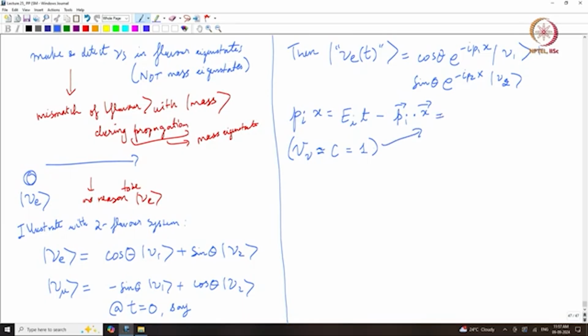If that is the case, then what do I have? I can write this as e power i, E minus the momentum, which I am going to take to be in the z direction. I am going to take the propagation to be in the z direction, and I am going to pull out some L, which is the length, the distance travelled by the neutrino.